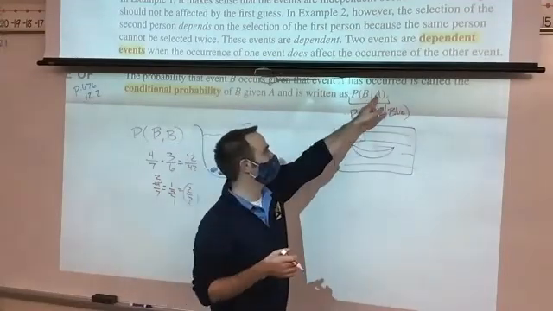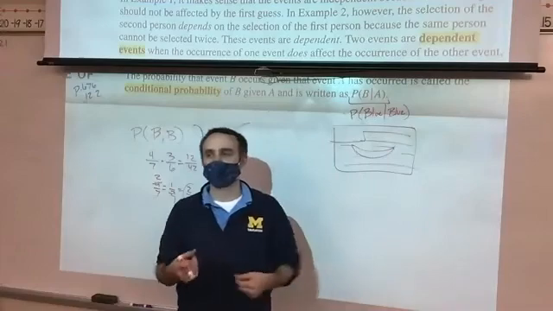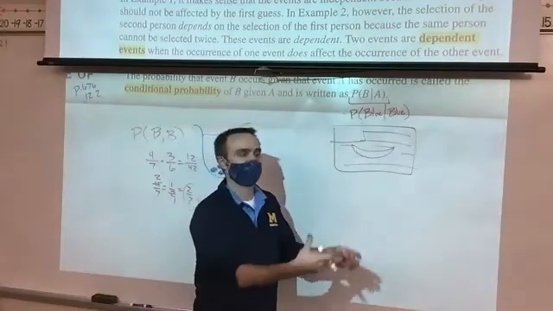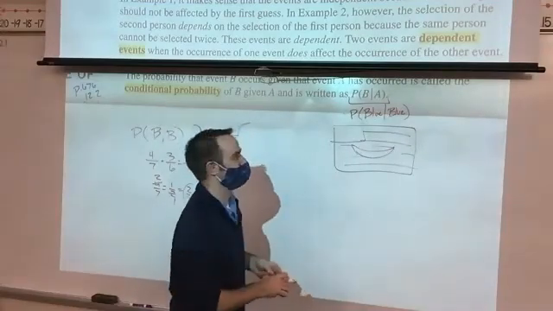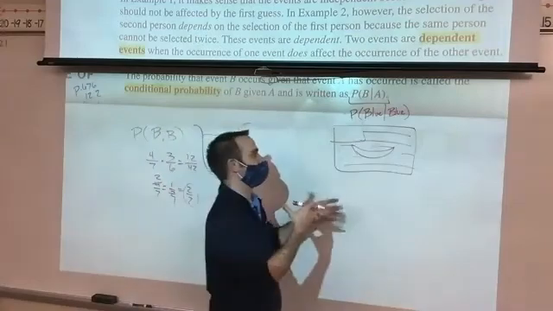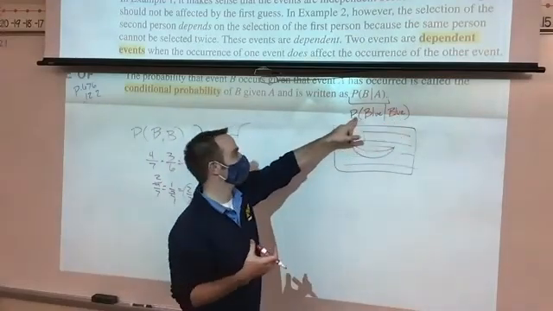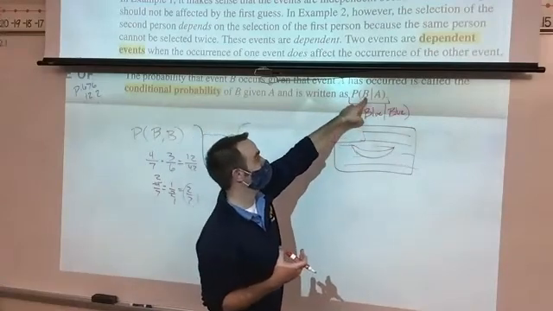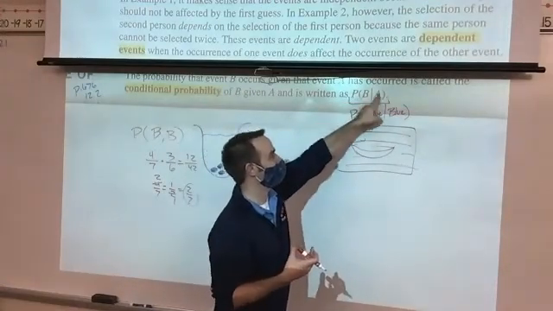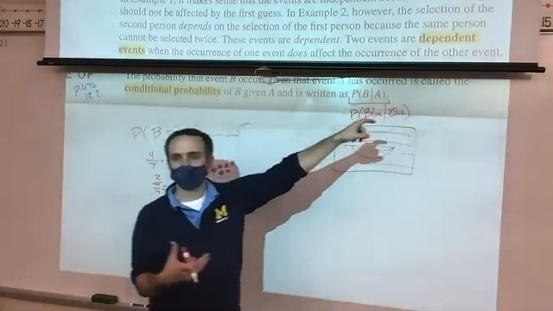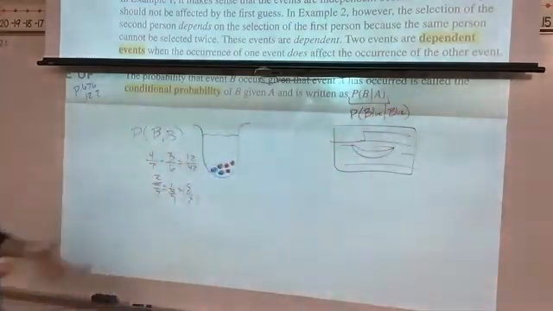So what's after the bar is what's already happened. It's what happened the first time. Okay, that's why it's conditional. It's conditional based on something already having happened. So this is the probability that B happens if A has already occurred. Okay, that's our conditional probability.